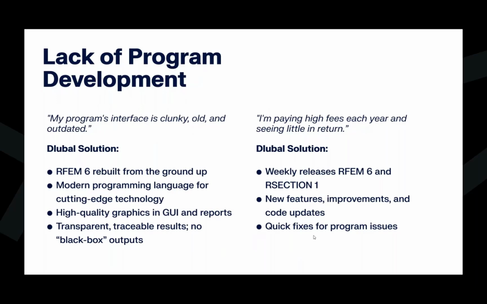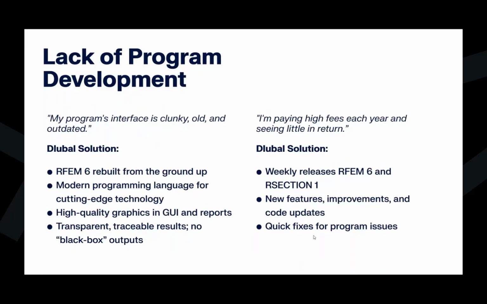So as I mentioned, RFEM 6 and also our other standalone programs were completely rebuilt from the ground up. So we chose a modern programming language with, of course, this cutting edge technology. And this is what has allowed us to produce these very high quality graphics and a user-friendly interface. Our calculation report is extremely powerful.